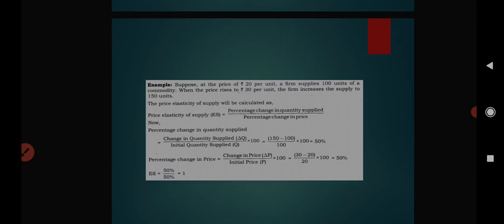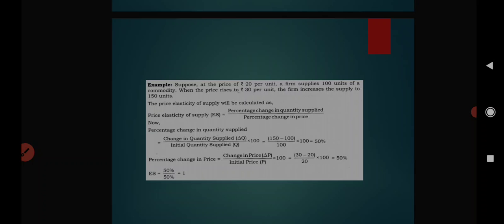Now here is an example. Suppose at a price of rupees 20 per unit, a firm supplies 100 units of a commodity. When the price rises to rupees 30 per unit, the firm increases its supply to 150 units. Now, we calculate the percentage change in quantity supplied upon initial quantity supplied.